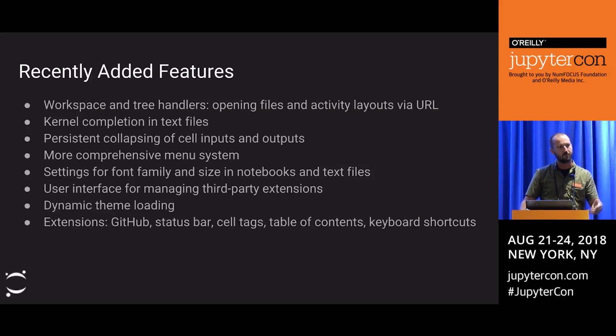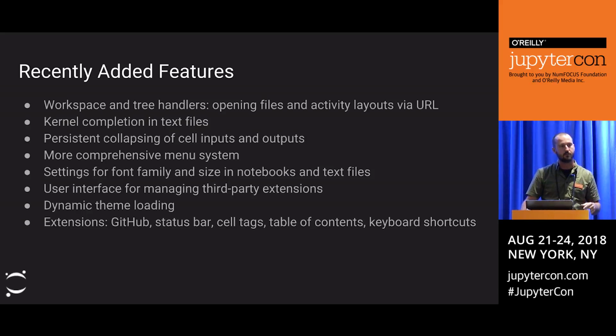We've got a comprehensive pluggable menu system now. That's, I guess, a bit more semantic. We've taken some time and some UX research to put things in the menu bar in the right location and allow you as extension authors to actually contribute semantically relevant action menus to the menu bar. Added settings for controlling a font family and font size. We've created a new user interface for managing third-party extensions.